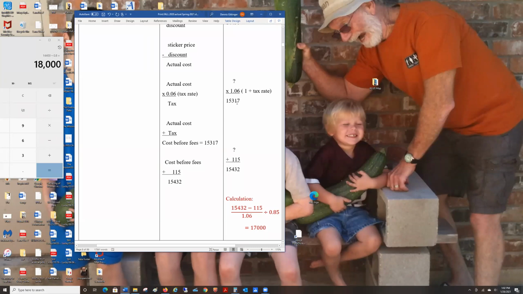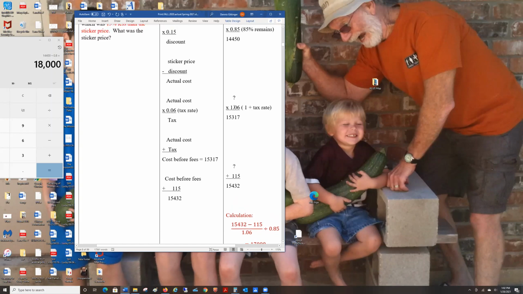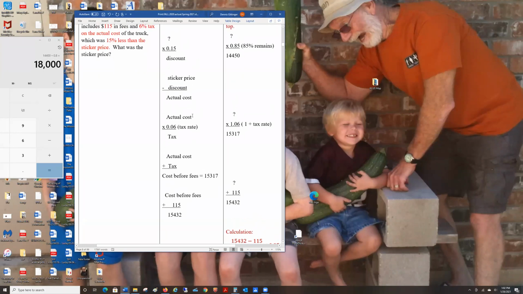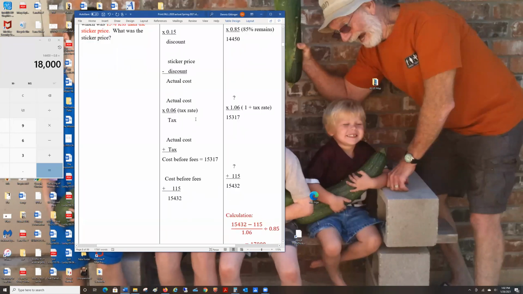Well, that number, if you do it the cool way, you realize it's 1.06. So you can't do 6% of 15,317. That's not the tax. The tax was 6% of some other number that we don't know.